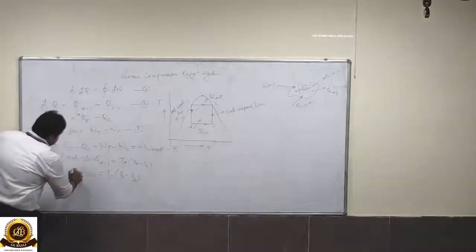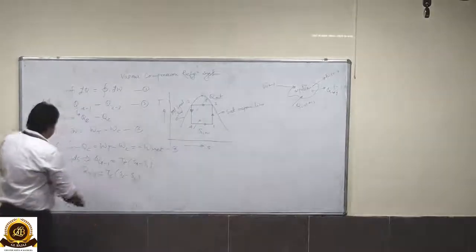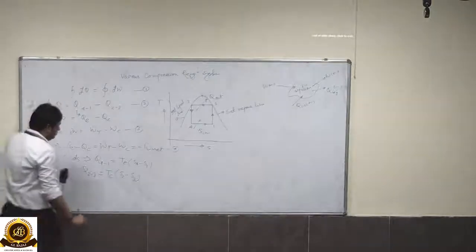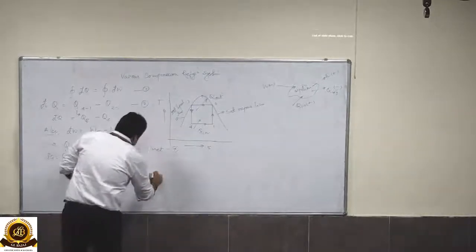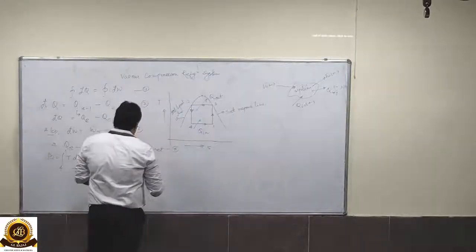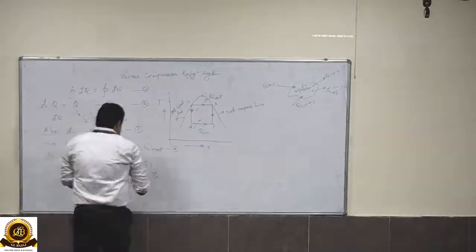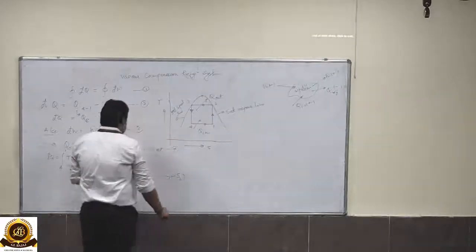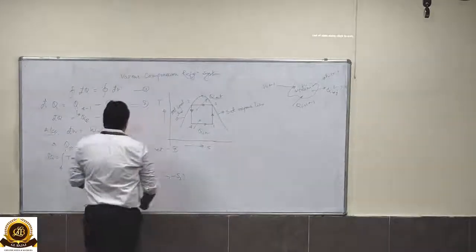But since this is a heat rejection process, we can write it as S3 minus S2. The negative of heat rejection will be S3 minus S2.